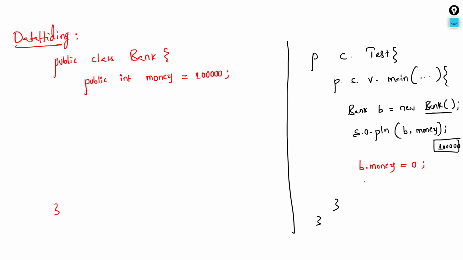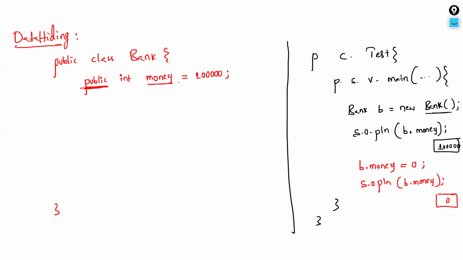Then after this, again System.out.println B dot money. What's the output? 0. But does this person know that his account became 0? No, because this variable called money or balance, whatever the name is, is visible directly to other classes.